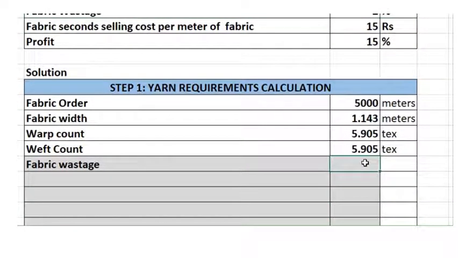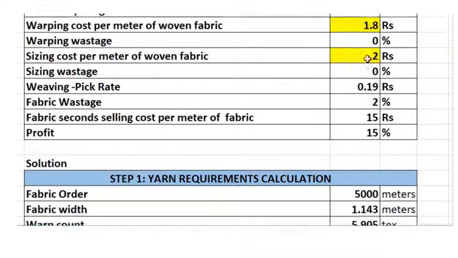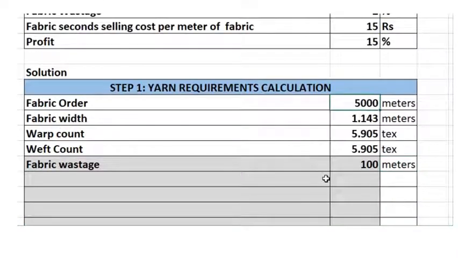So we already know the formula for the wastage calculation. The fabric wastage is 2 by 100 into the order quantity, which is 5000 meters. 5000 into 2 by 100. So we get the fabric wastage of 100 meters.